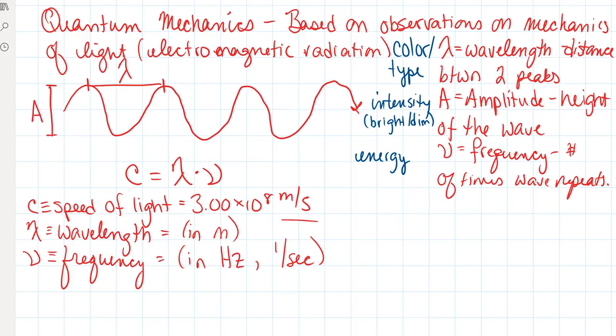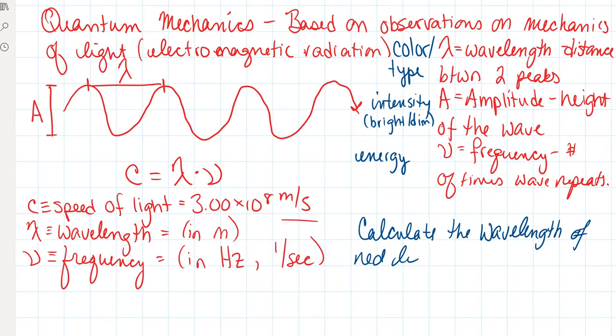Let's take a look at an example real quick. If I have a wavelength inside of a red barcode scanner, I'm going to calculate the wavelength of that barcode scanner by looking at the frequency.